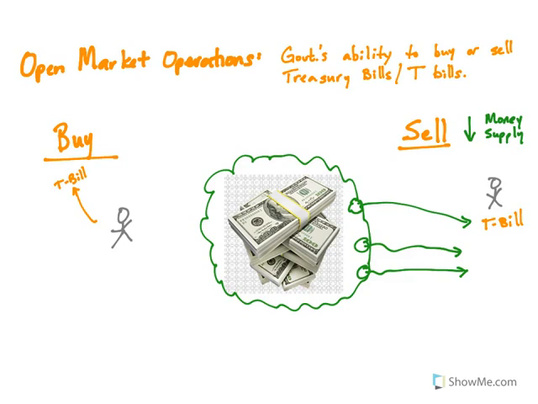They bought it. If they buy something from you, you better get cash. And so by buying it, cash plus the interest goes back into the monetary supply.